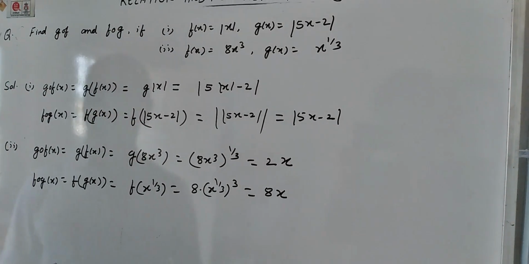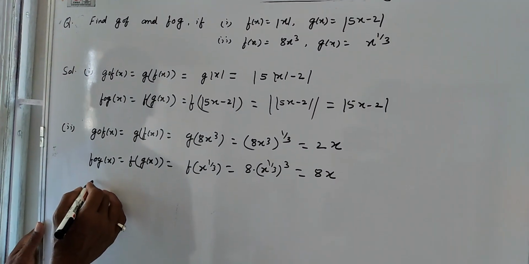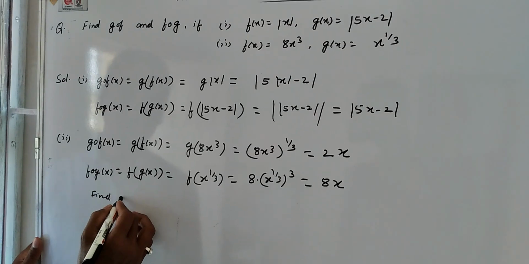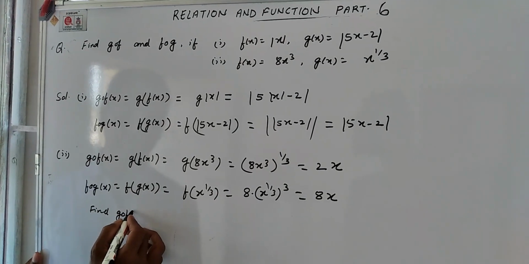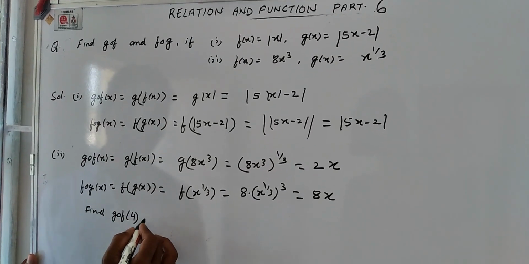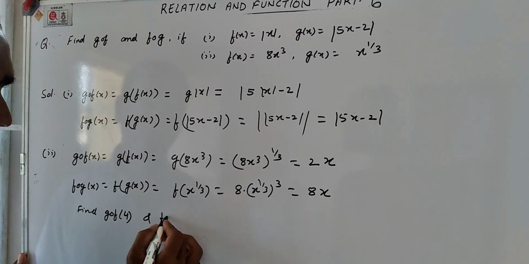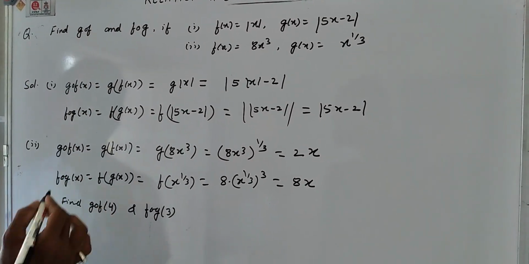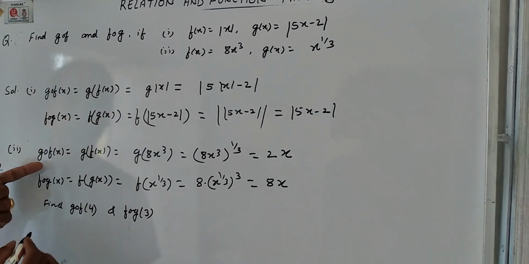8x. Suppose you are asked to find (g circle f)(4) and (f circle g)(3). How will we find? Simply you put the value here.